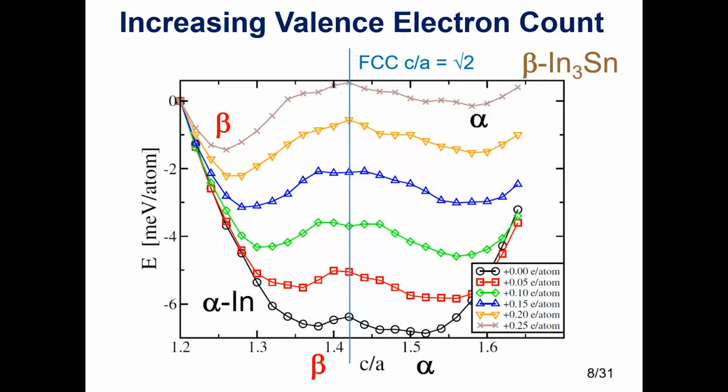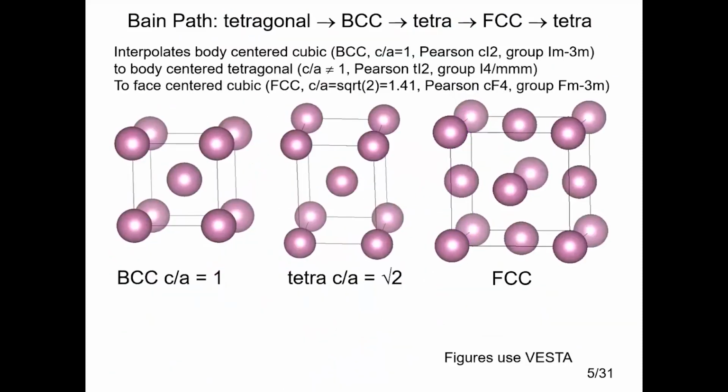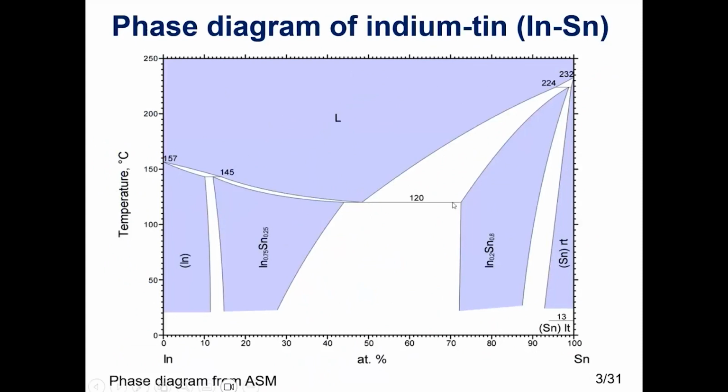Okay, so that presumably explains the gap that I showed you. It explains why there's this miscibility gap, because think of the states that would be in here as corresponding to the jump from high C over A ratio to low C over A ratio.